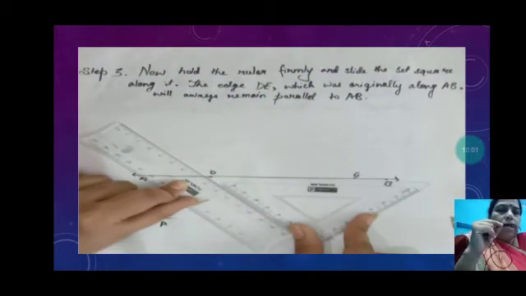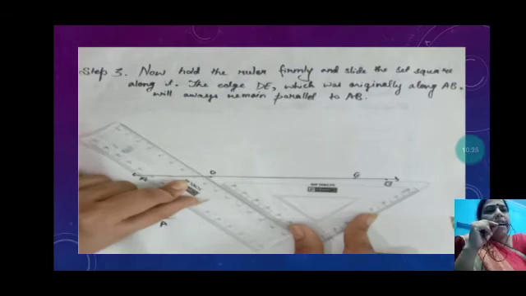Now we hold the ruler so that the ruler touches the set square. Now hold that ruler firmly and slide the set square along it. We have to hold the ruler firmly and slowly slide the set square along it.